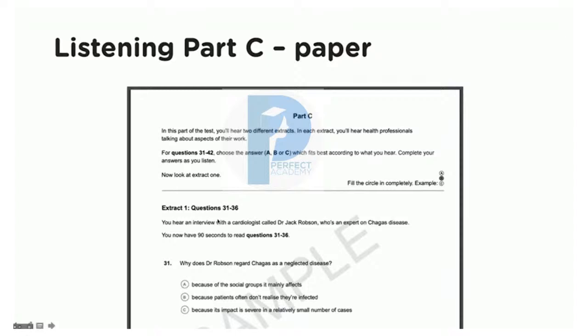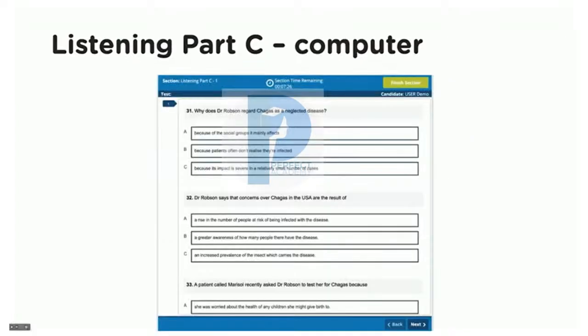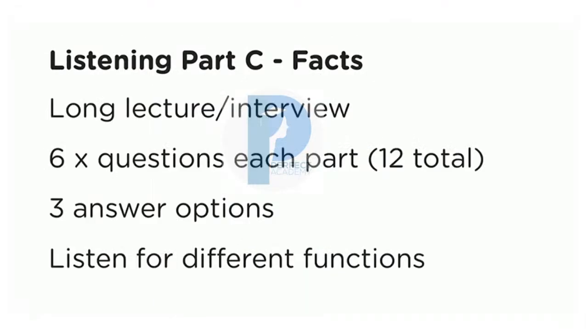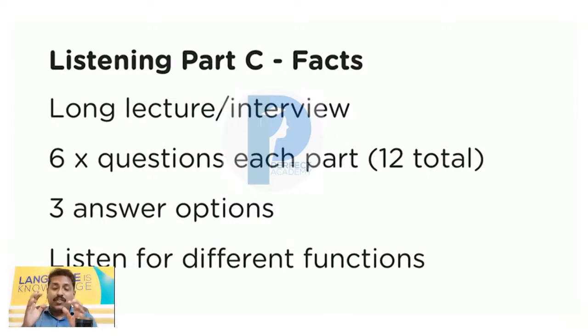Now this is the part C paper, which is more or less pen and paper, very similar to the computer test. So you have to select one of the 3 options. Here, part C specifically involves facts. It shows long lectures.